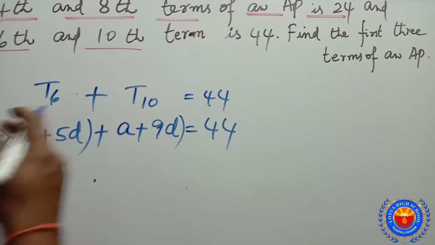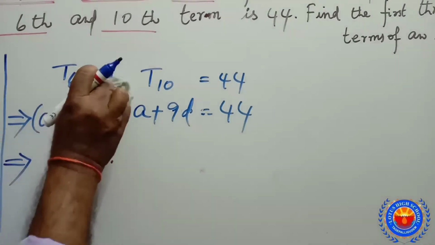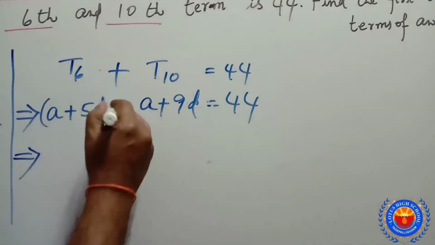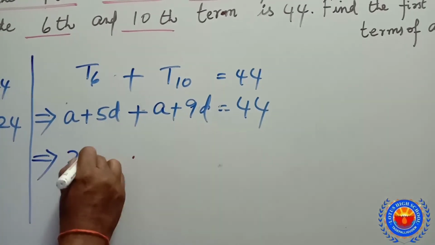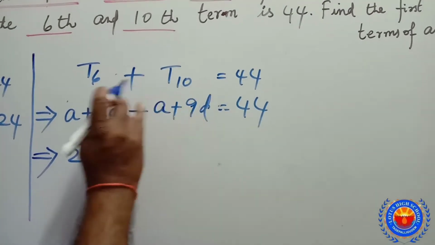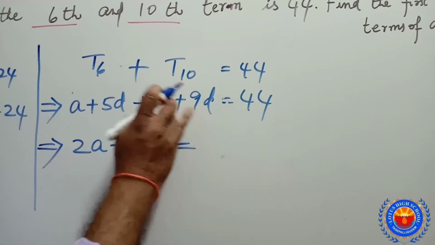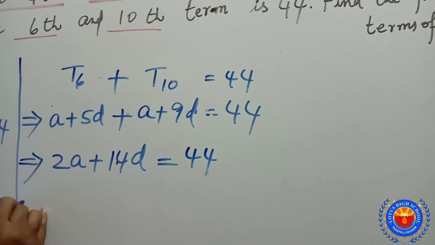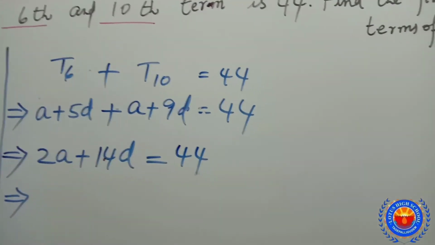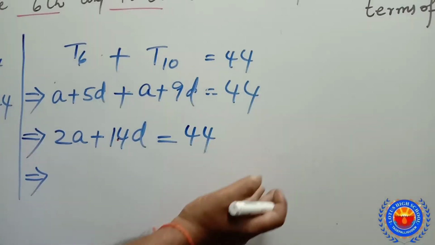So A plus A is 2A, and 9D plus 5D is 14D, which is equal to 44. That implies again 2 can be taken as common: 2 into (A plus 7D) is equal to 44.